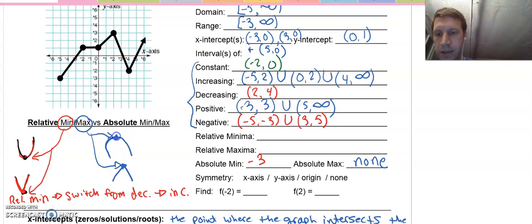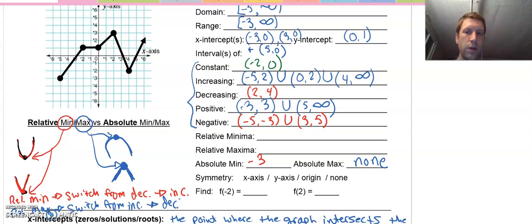It's increasing, then we hit that maximum, then it goes to decreasing. Okay, so for relative max, I need to switch from increasing to decreasing.